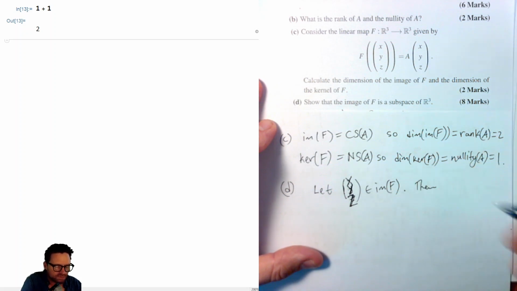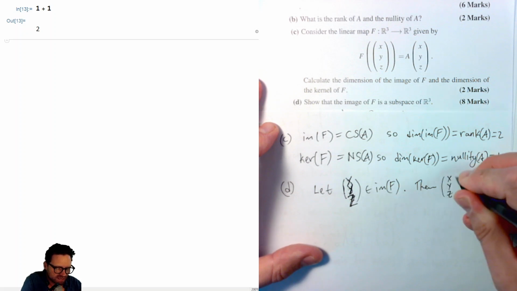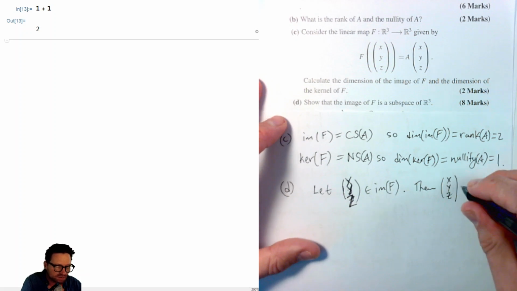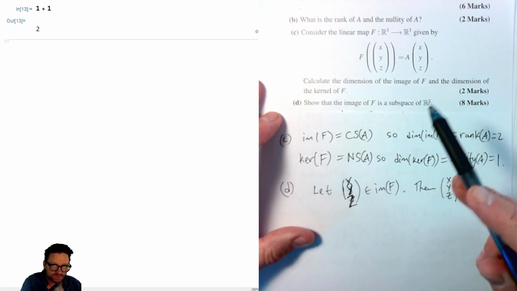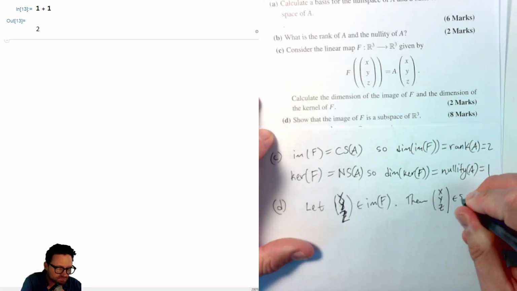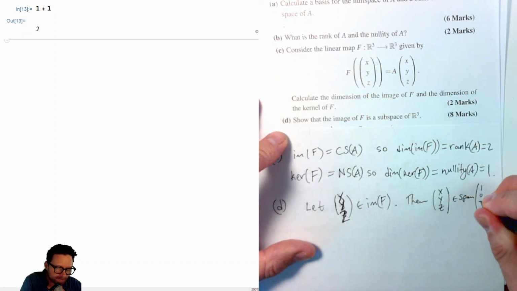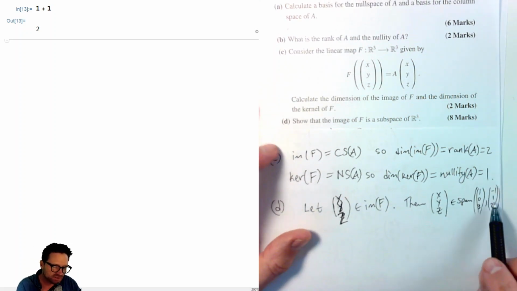Then we know that (X, Y, Z) is a linear combination of the columns that we got earlier, which would have been columns 1 and 2 of the matrix A. Okay, so it's a linear combination of these two vectors.